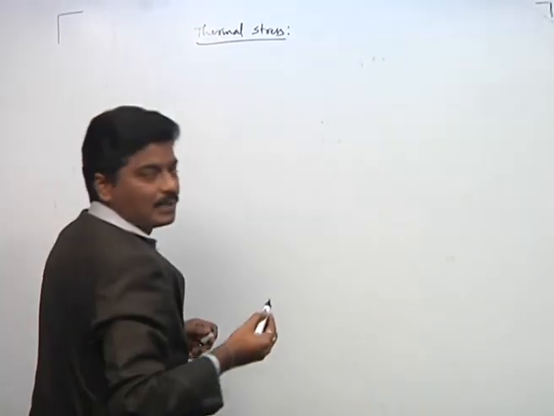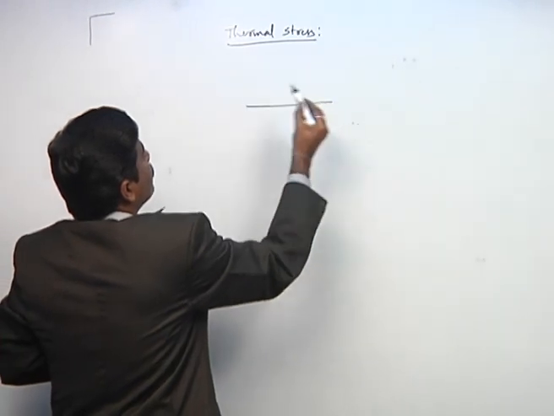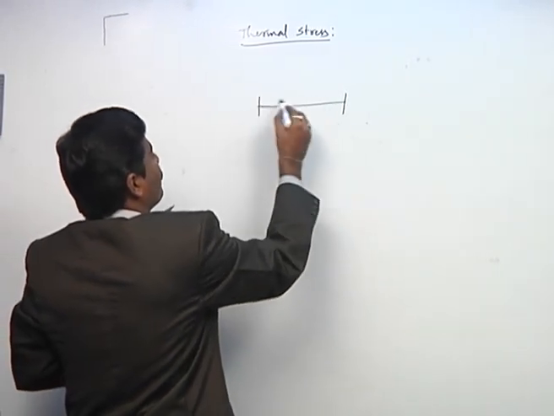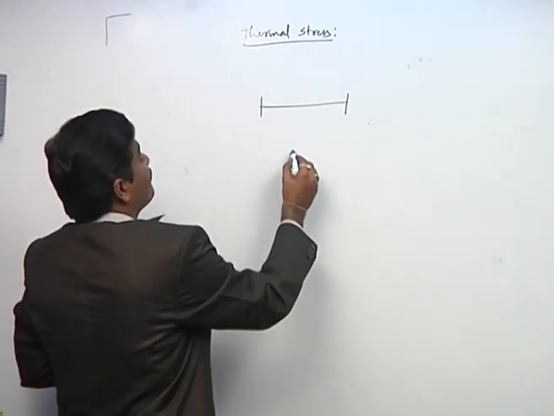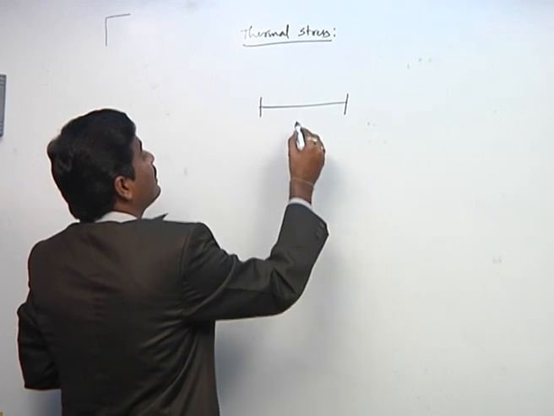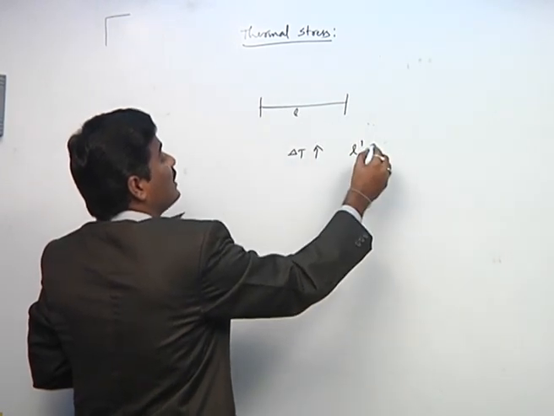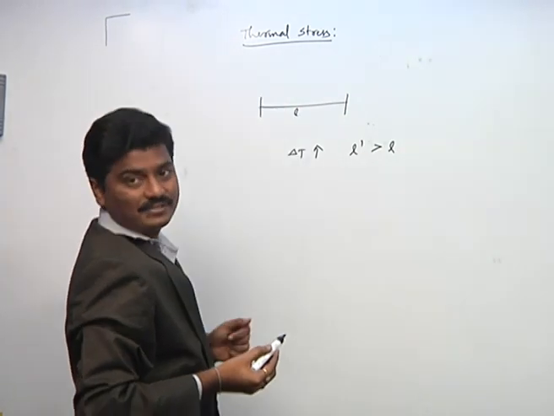See, what do you mean by thermal stress? Here, suppose you are taking one rod that has to be clamped between two fixed ends. Just now we discussed, as the temperature increases, definitely the initial length L becomes a length L prime, which has to be increased than L according to the expansion of solids.